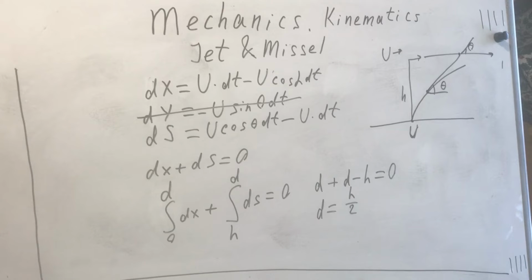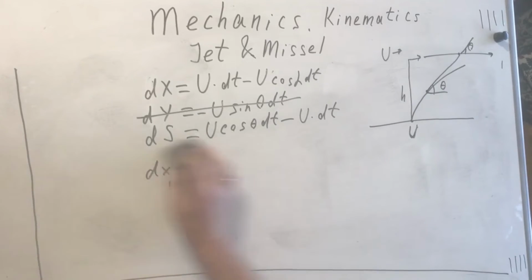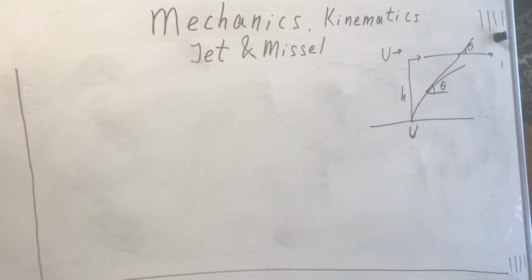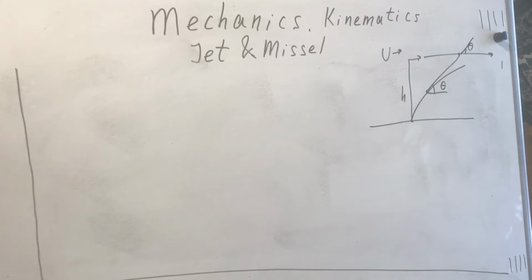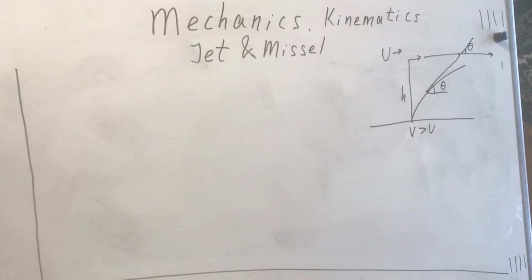Let's do this problem a little bit more complicated. Now we suppose that the missile has velocity v, not u, which is greater than u.